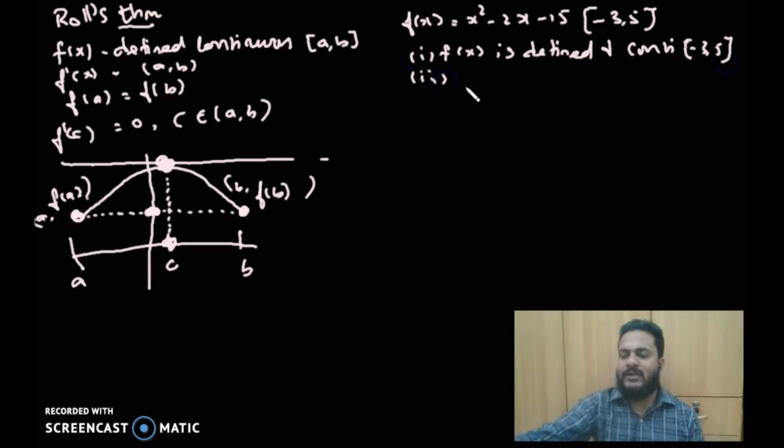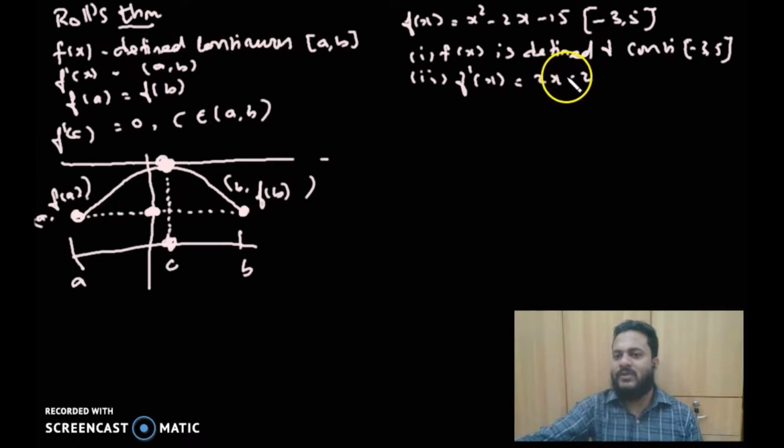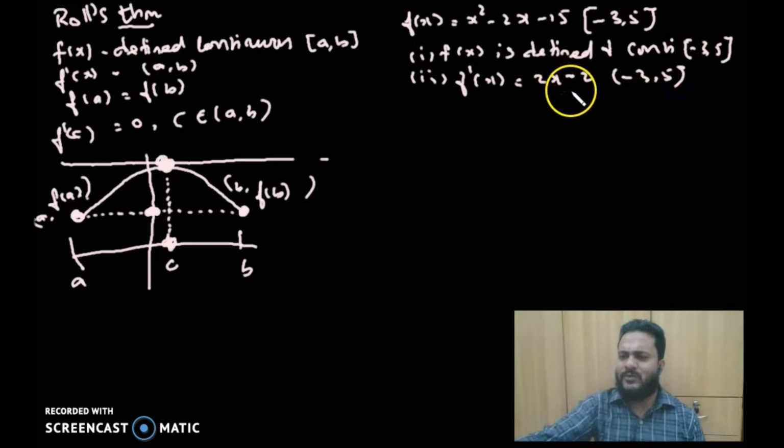And the second one, what about f dash of x? That f dash of x is 2x minus 2, which is also defined and continuous in the open interval minus 3 comma 5. 2x minus 2 is a linear function, so whatever value you give from minus 3 to 5, you will get some answer.